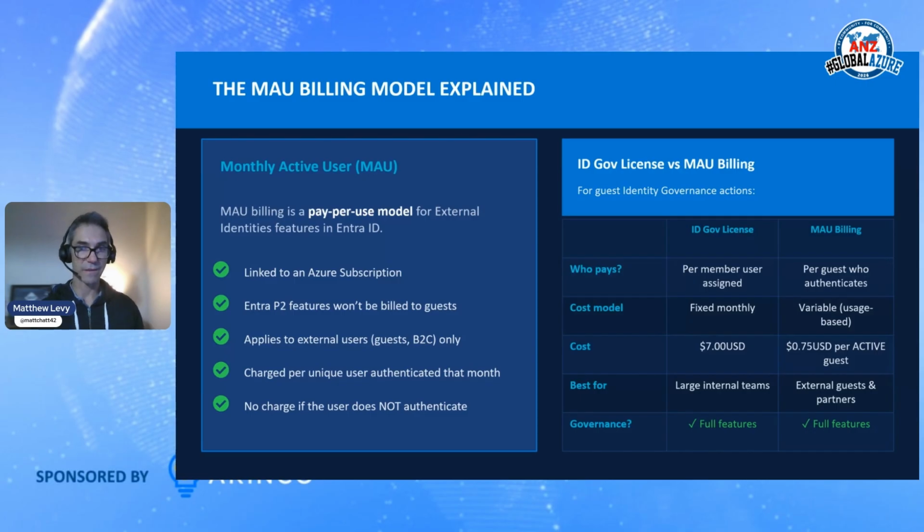The right-hand table here is a summary of the comparison. The key message: both models give you the same governance features in terms of internal member accounts, whereas monthly active use just costs far less for external user scenarios.